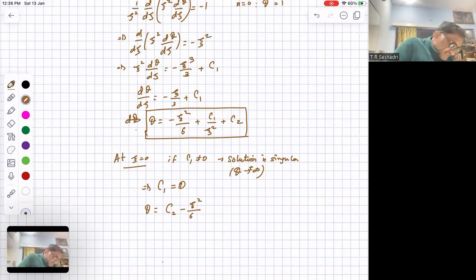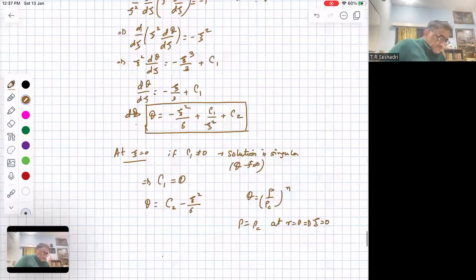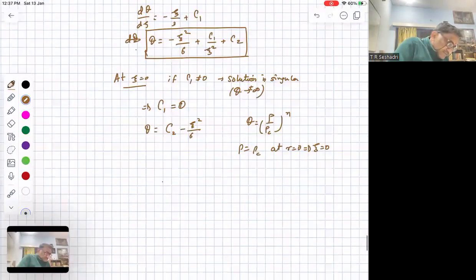Now, what is theta? Theta is equal to (rho by rho c) to the power n. So, rho is equal to rho c at r equal to 0, which implies at xi equal to 0. Now, theta is equal to c2 at xi equal to 0.